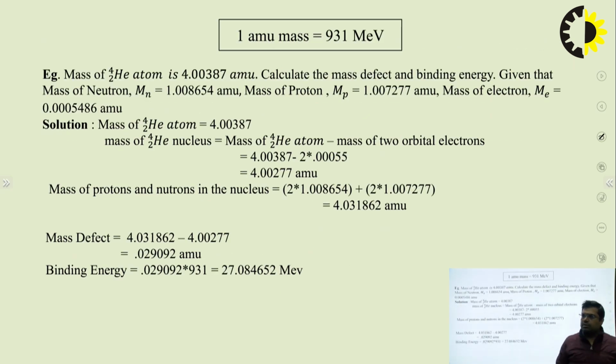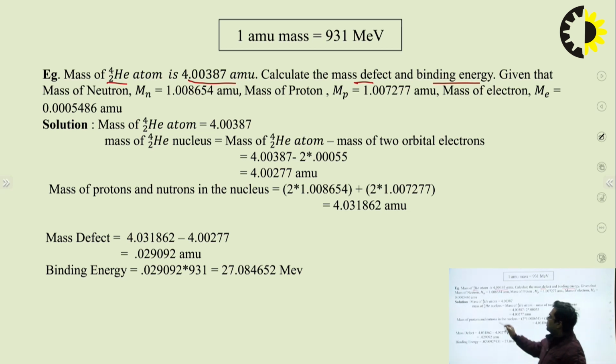For a better understanding of binding energy and mass defect, we have taken an example: the mass of helium is around 4.00837 AMU. We have to calculate the mass defect and the binding energy as given in this formula.